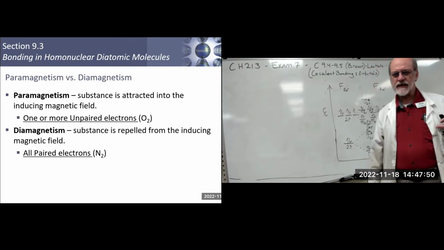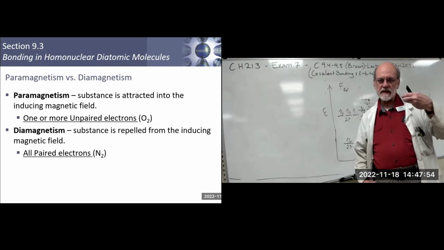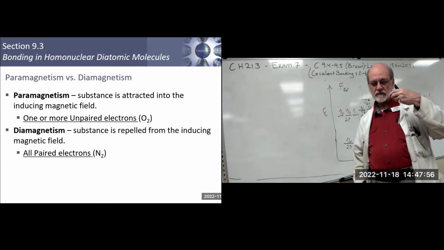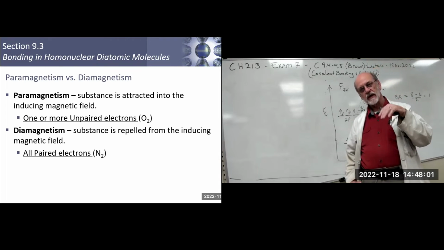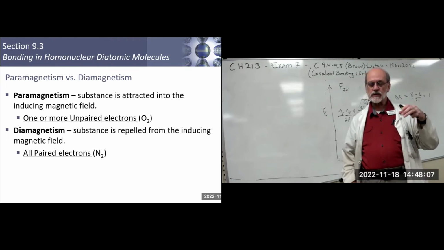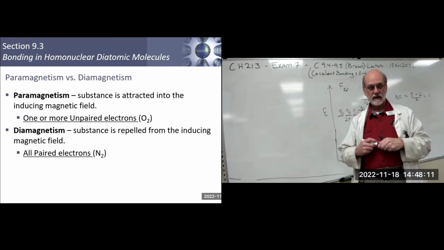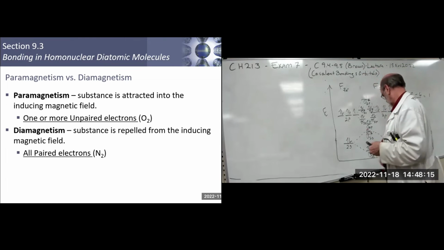So this concept of paramagnetism, where our example is liquid oxygen is poured into a magnetic field and is held there in the magnetic field, is due to the fact that there are unpaired electrons. Think of an electron as like a spinning magnet.